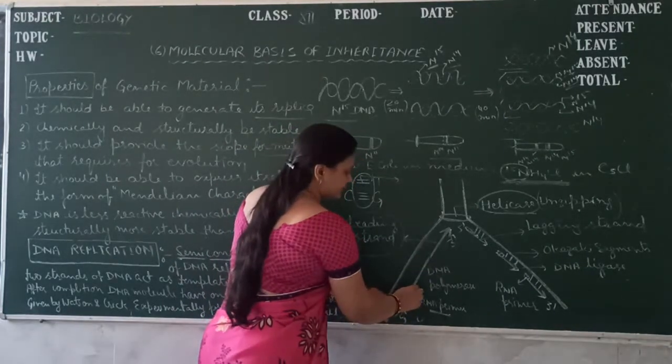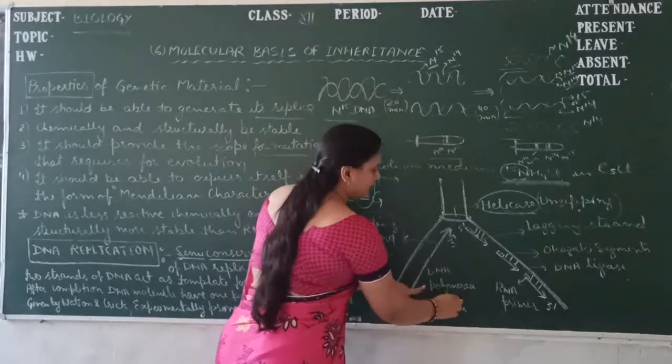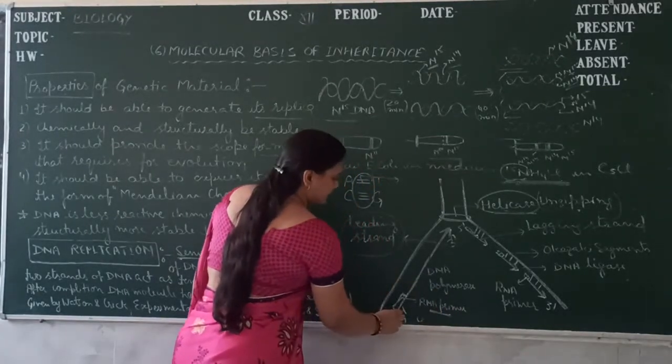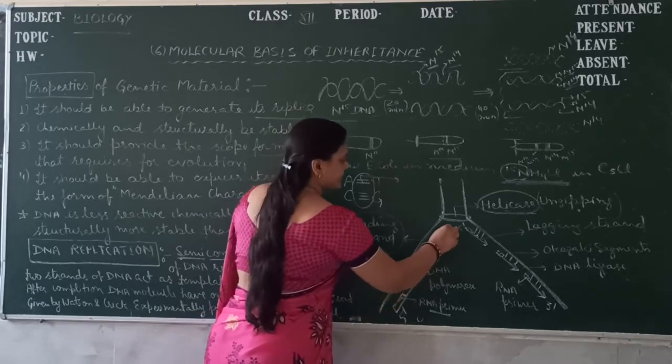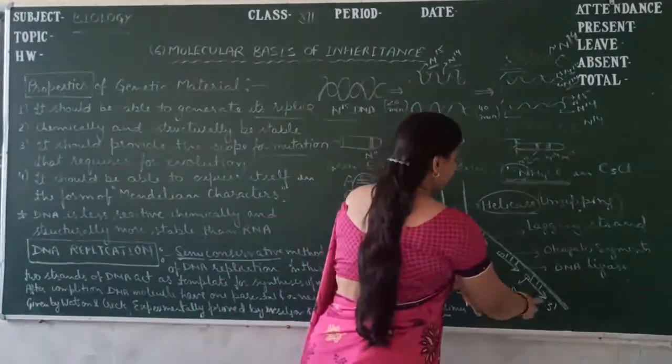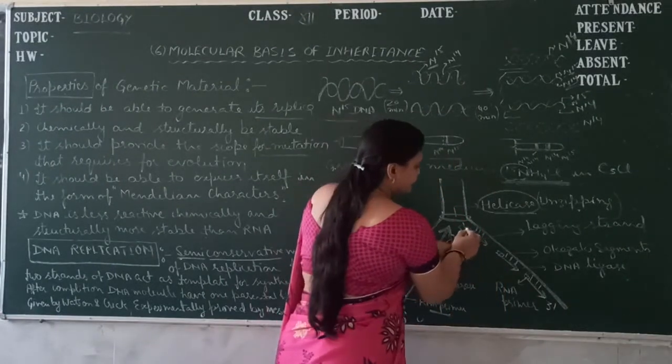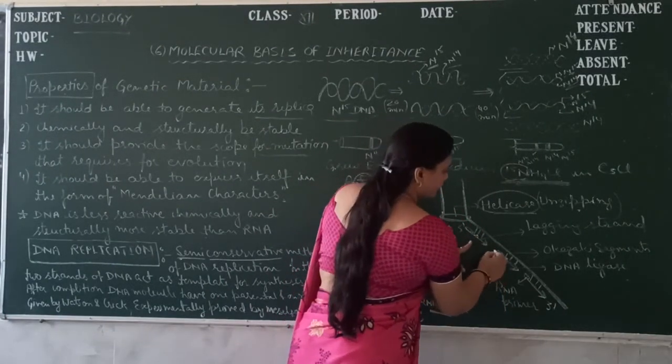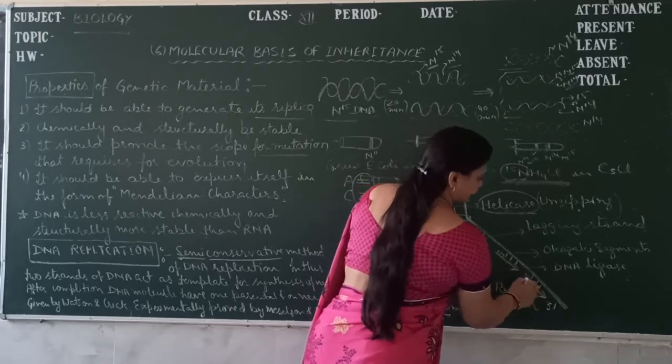Then the new strand is continued by DNA polymerase, and in the 5' to 3' direction a continuous new DNA is formed. In the other direction, DNA segments are formed which are known as Okazaki segments.